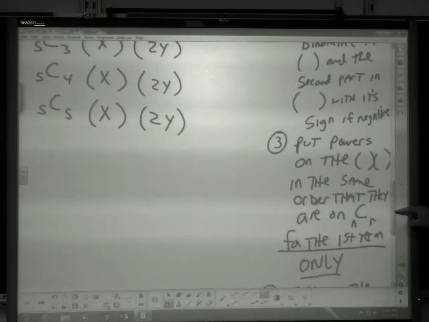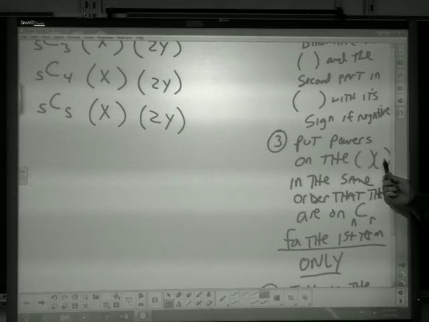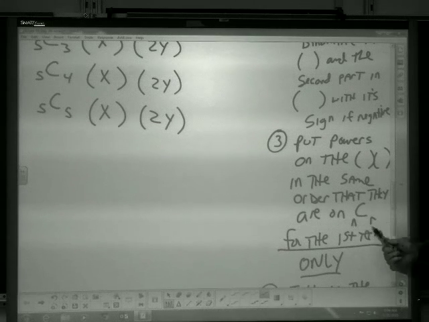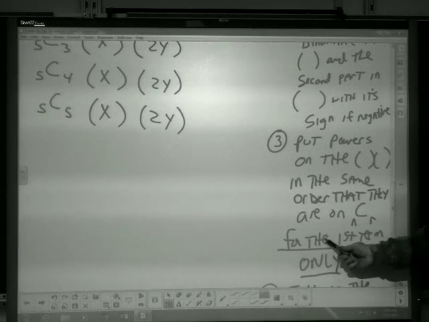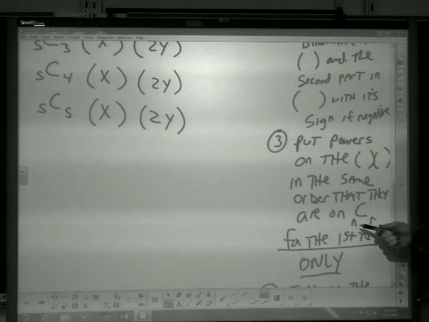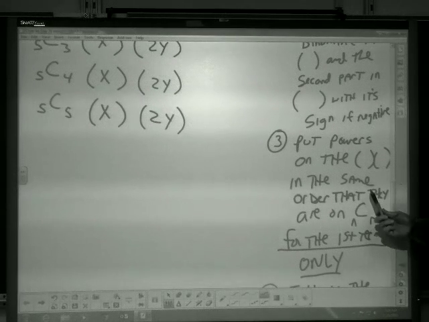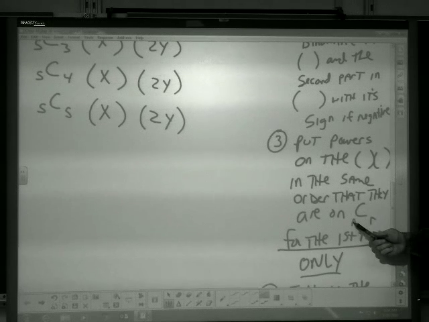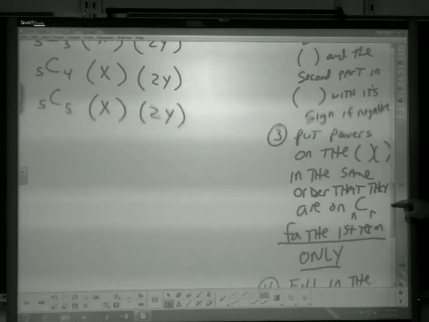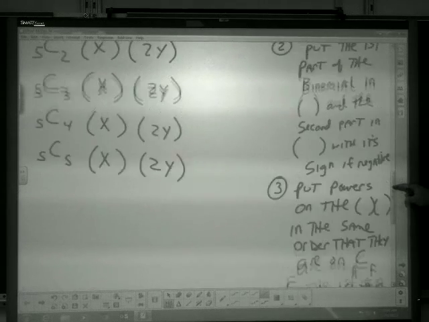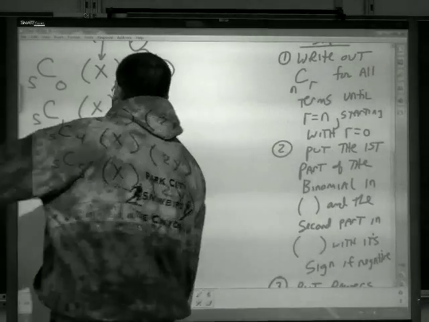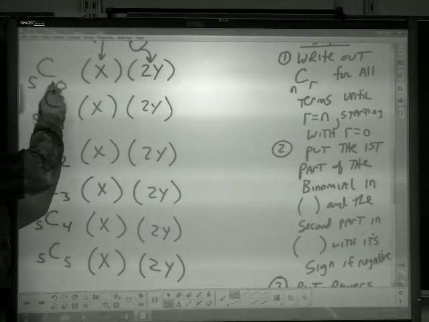Third step. Put powers on the parentheses in the same order that they are on nCr for the first term only. So for the very first term, I'm going to put the powers the same that they appear here. For my very first term, I have a power of 5 and 0.